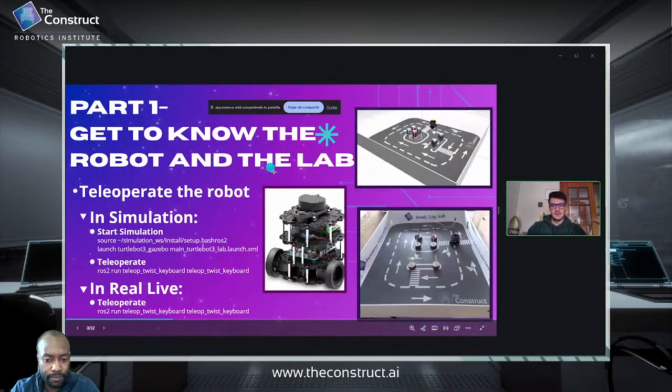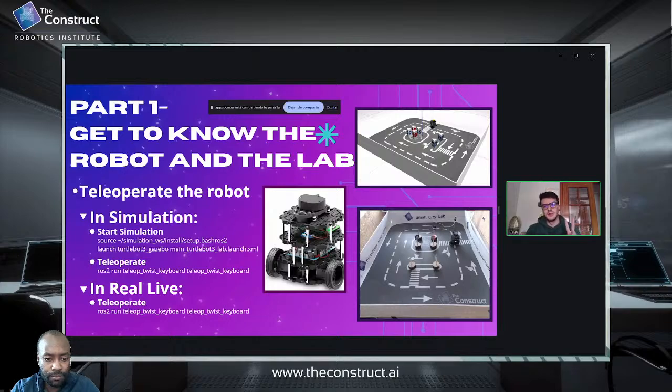The first part, as I said, is to get to know the robot and the lab. In this case, I will be using the TouchBot, and this is the simulation scenario that I will be working on, and this is the real scenario for the real robot. So to get to know the robot, they told us in the documentation that we need to teleoperate this robot, and we can do it in 2 different ways.